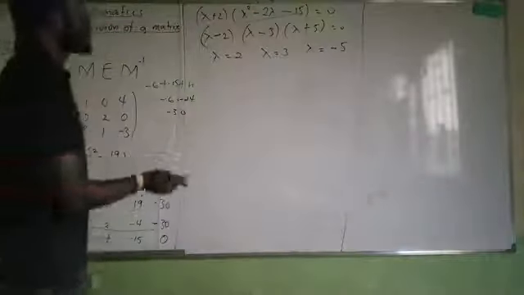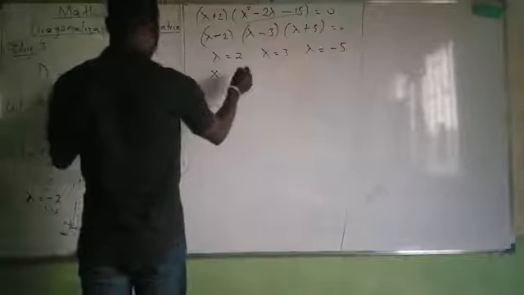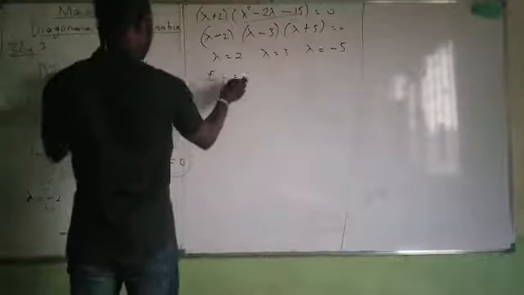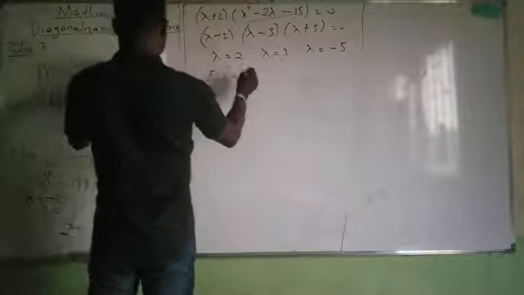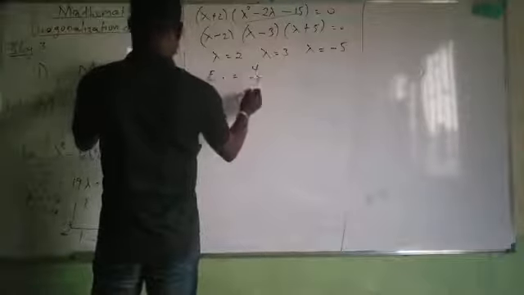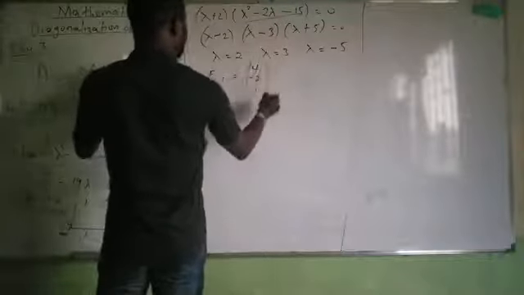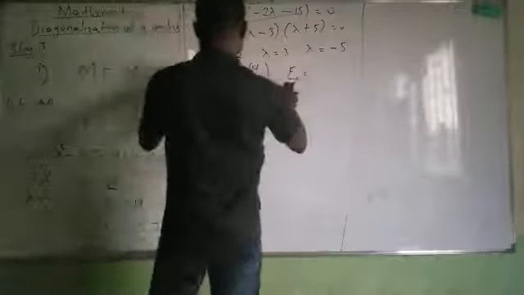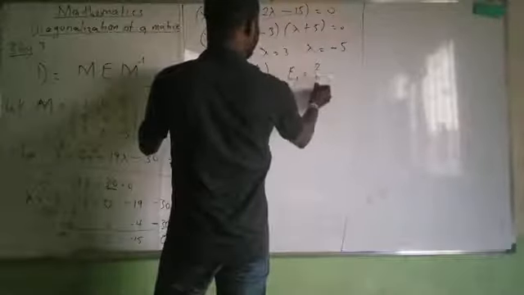Now, at this point, you know what it means. For me to have lambda, I will now generate my eigenvector. My eigenvector 1, my x1 will be equal to 4, minus 7, 1. Eigenvector 2 will be equal to 2, 0, 1.